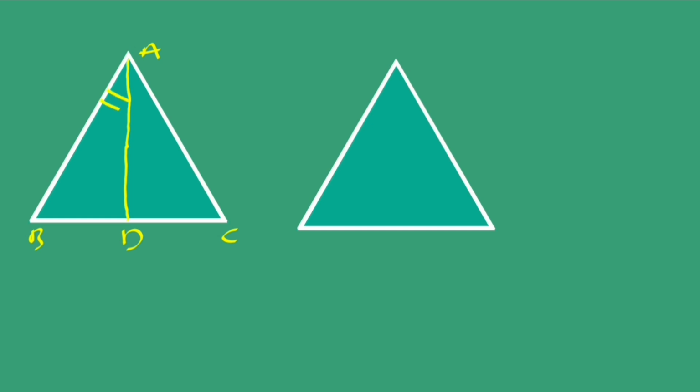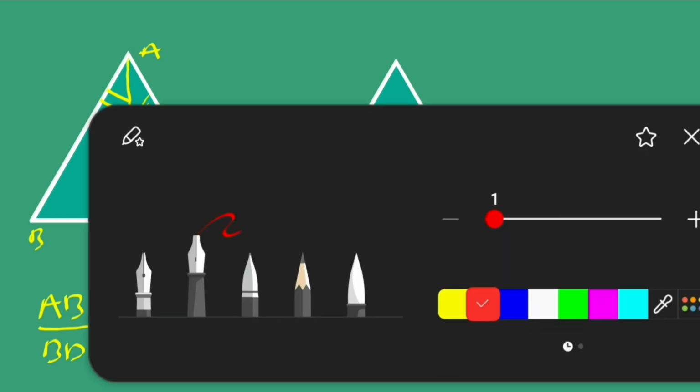This angle is equal to this angle. Now the condition is AB divided by BD is equal to AC divided by DC. This is the condition.